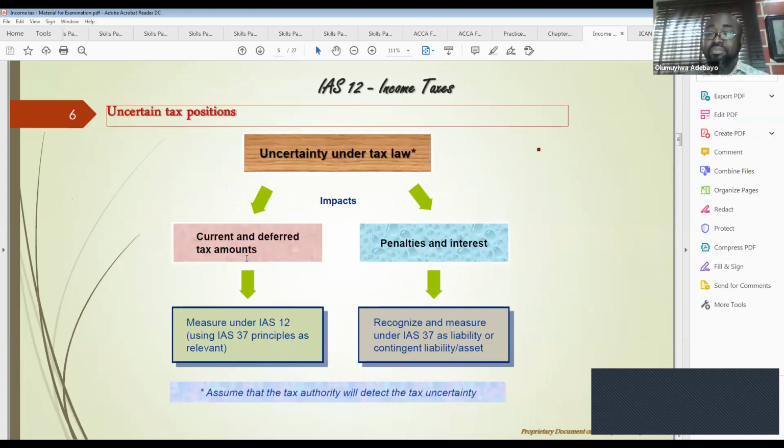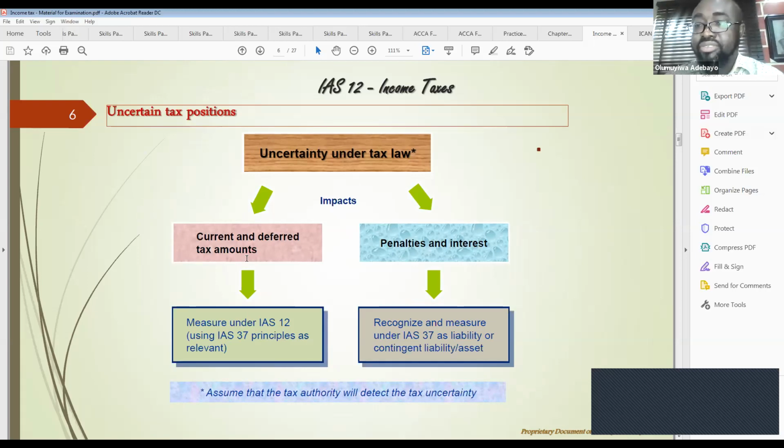Now, uncertain tax position is a position that after the fact, based on new information, reveals to us that there is a change in the basis of our estimations such that the actual, which is now agreed with the tax authority, is different from what was estimated.